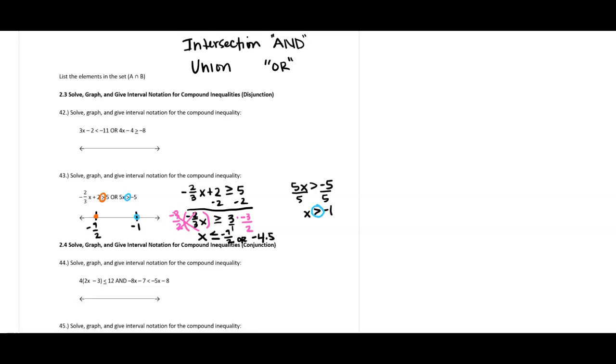And then you've got to follow this and just see where these end up. Well, this is saying everything less than or equal to negative 9/2. So that's all the stuff to the left of it. And then this is saying all the stuff bigger than negative 1. So all the stuff to the right here. Okay, so both parts of that are part of my answer because notice this is an or statement.